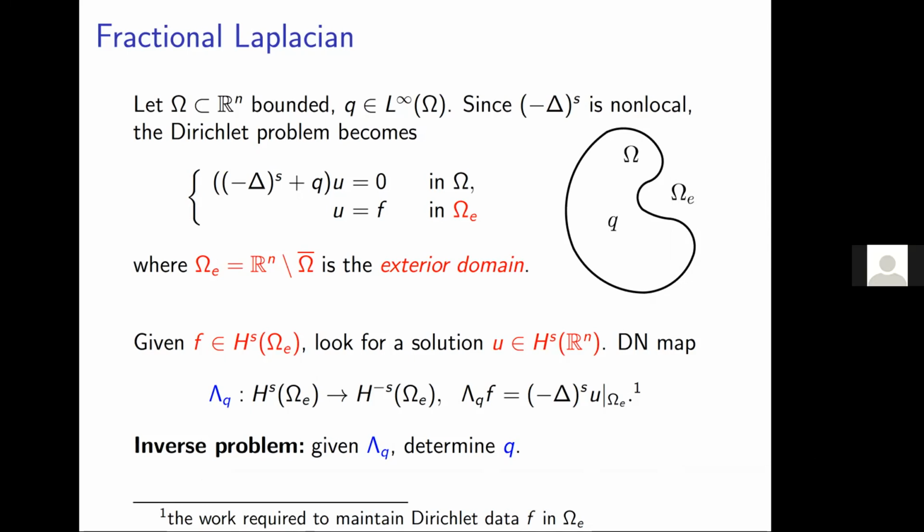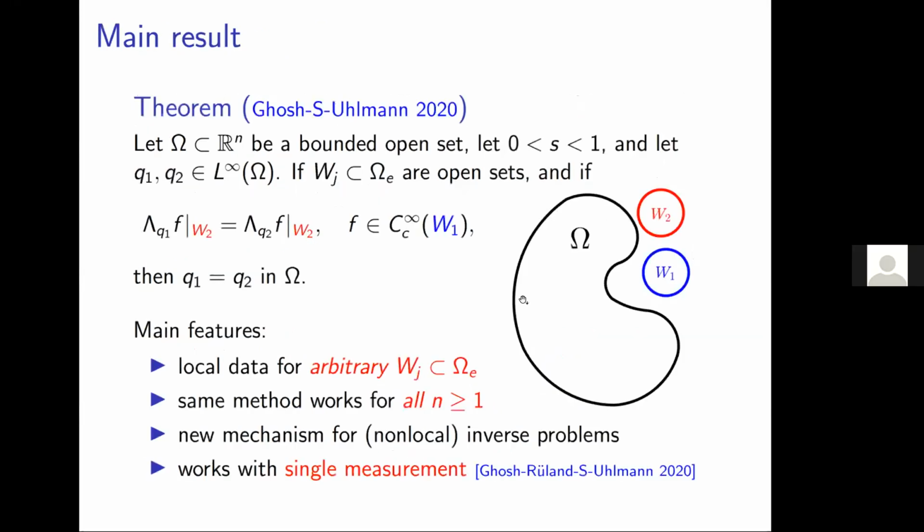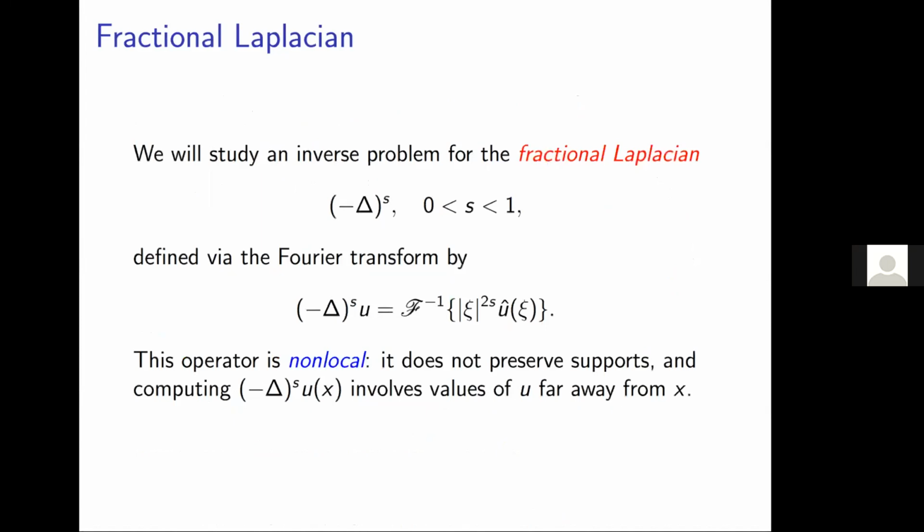So, can you hear me? Yes. I want to ask you a simple question about the definition of this fractional Laplacian. The slides define it by Fourier transform. Yes. I see another definition, which is the integral definition, a principal value integral. So is it equivalent?